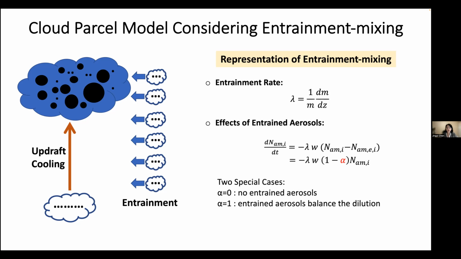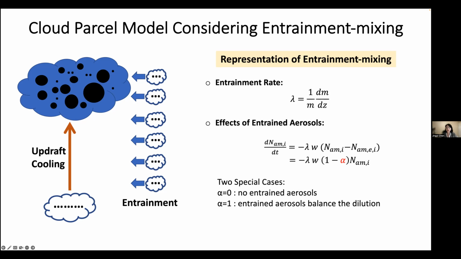Here, lambda is the entrainment rate, w is the vertical velocity, and the subscript e means this variable comes from the environment. Here we use alpha to represent the entrained aerosol. Then in the equation, the entrained parameter alpha is defined as the ratio of the entrained aerosols to the total aerosol number concentration. The physical meaning of this alpha can be understood by these two special examples.